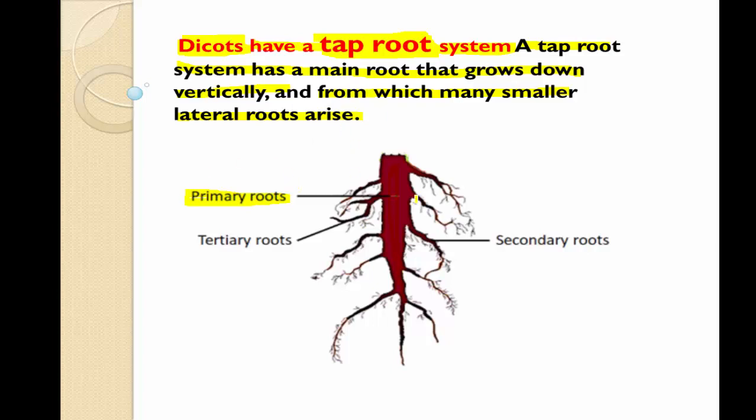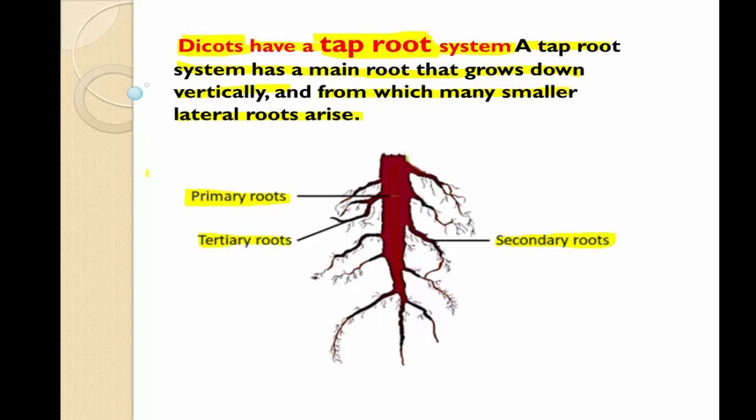That primary root undergoes branching and gives rise to the formation of secondary roots. Secondary roots further branch and they produce the tertiary roots. If the root system consists of the main primary root and its branches like secondary and tertiary roots, the type of the root system is called taproot system, and it is a very significant character of the dicots.